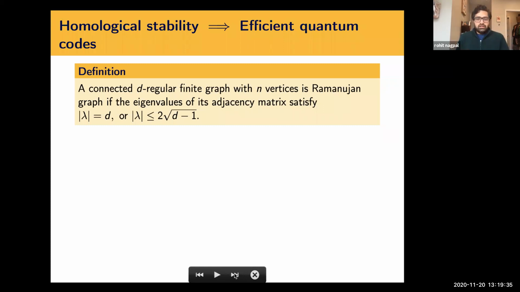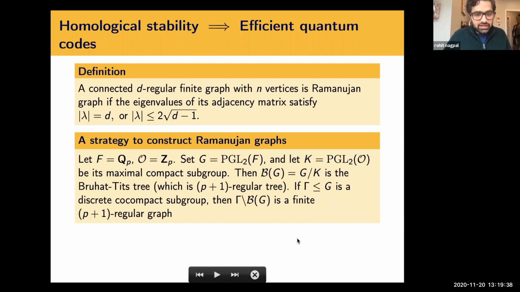Let me start with how to construct such graphs. Here is a way to construct Ramanujan graphs. You take the local field Q_p, and the ring of integers inside it, which is O. And you take the group G = PGL_2 over F and its maximal compact subgroup K. Then if you take the Bruhat-Tits building for this group, which is just G mod K in this case, it is a (p+1)-regular tree.